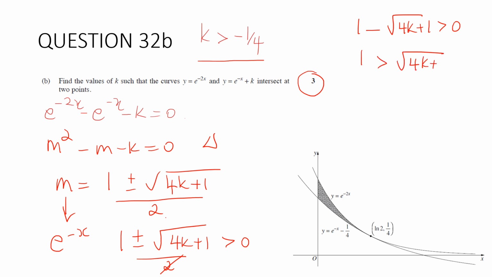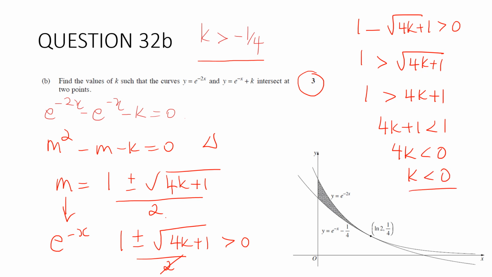I'm going to square both sides, and I can because they're both positive. 1 is greater than 4k plus 1. Let's turn that around. 4k plus 1 is less than 1. 4k is less than 0. k has to be less than 0. There's our upper limit. So the full solution is negative a quarter is less than k is less than 0.